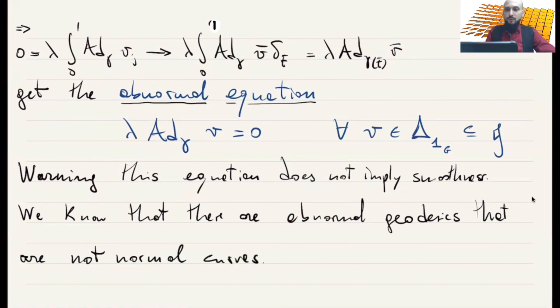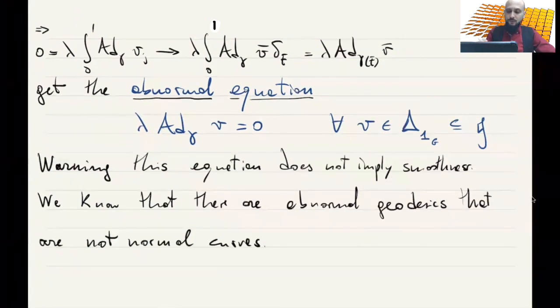Actually, I don't want you to think that this classification as normal and abnormal is a dichotomy, right? So there could be curves that are at the same time normal curves and abnormal curves. They satisfy both equations.